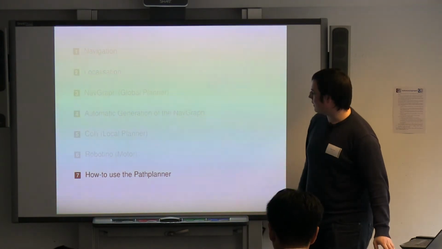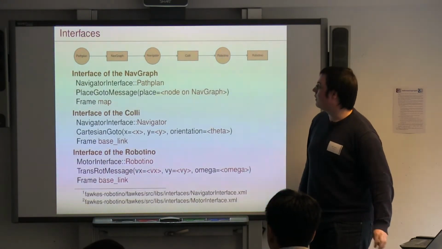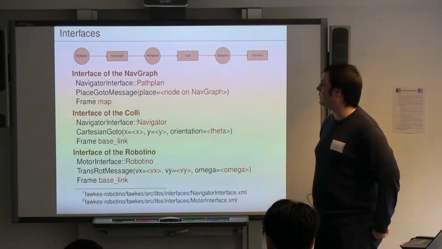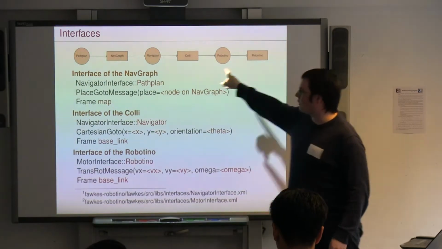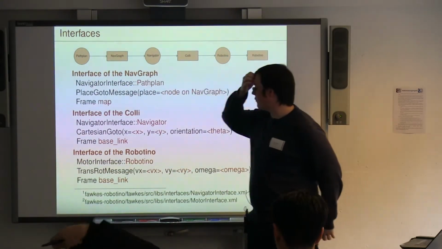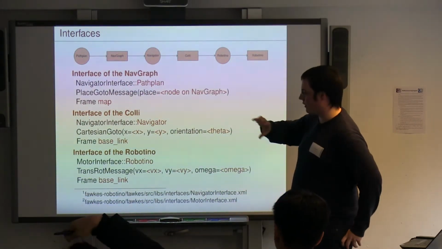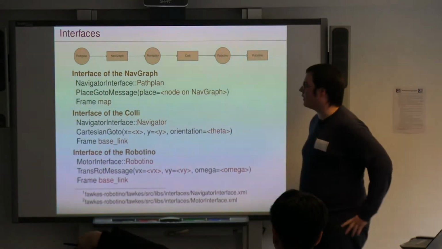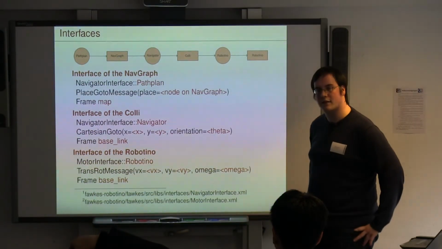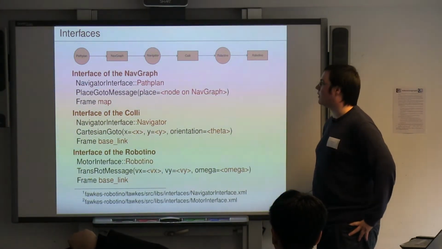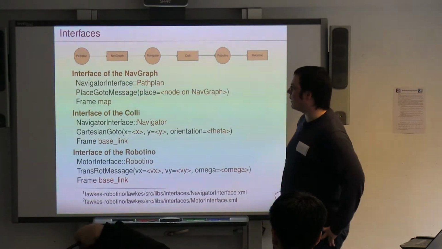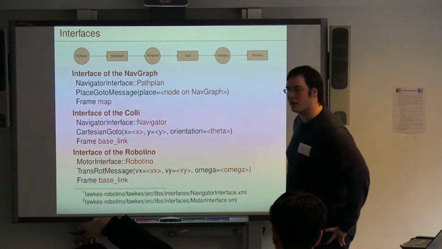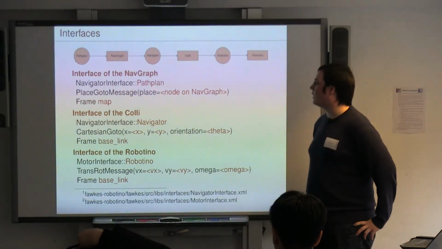And now I want to show you how we are going to actually use this path planning part. As you see in the figure on top, the graphic from the beginning, now with these dots in between, which show the interfaces that are part of the path planning. On the left-hand side, you have the path plan interface, which is a navigation interface, and which you can use to control the nav graph.